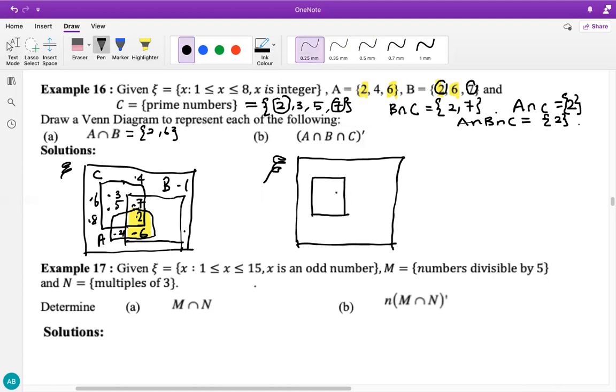So this is B, C, B, A is A. Okay, so this one is ABC.